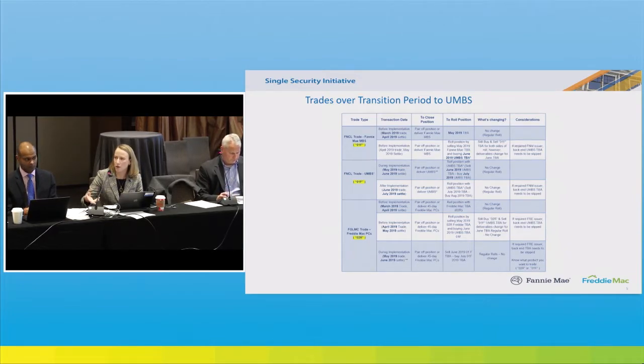Otherwise, you're going to have a UMBS roll, which could be filled with either Fannie UMBS or Freddie UMBS. That is something market participants have to keep in mind as they get closer to the June launch date. If they have some preference for getting Fannie onlys, they have to stip that and make that clear. So I think that's just one little nuance with the Fannie trade.